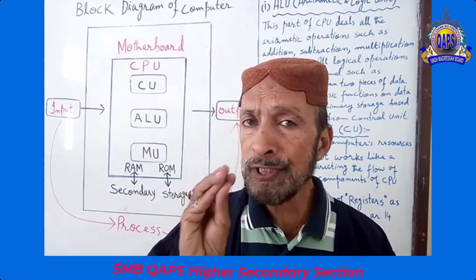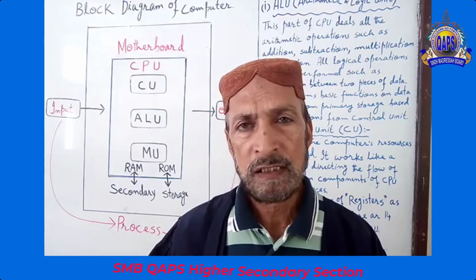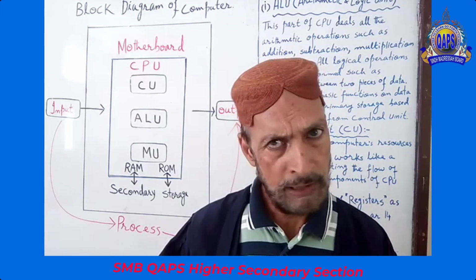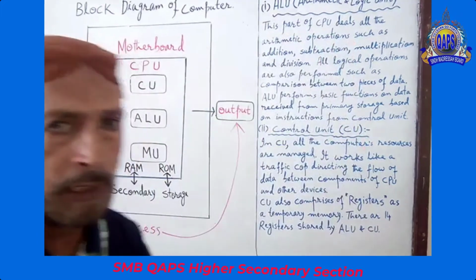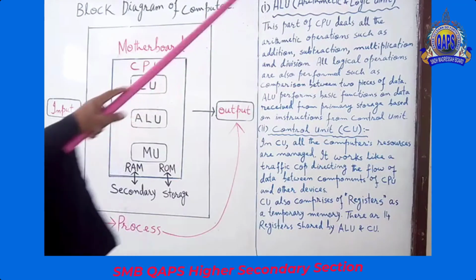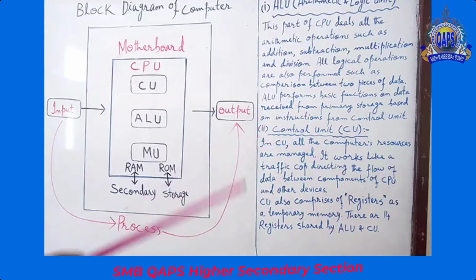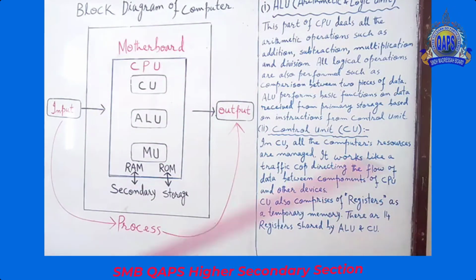They are 14 registers shared by CU and ALU. Copy down this short note about ALU and CU. Write it in your notebook, and also this block diagram of a computer system.